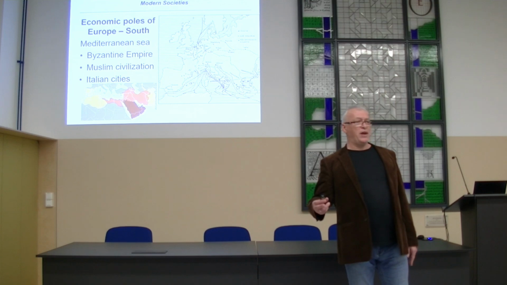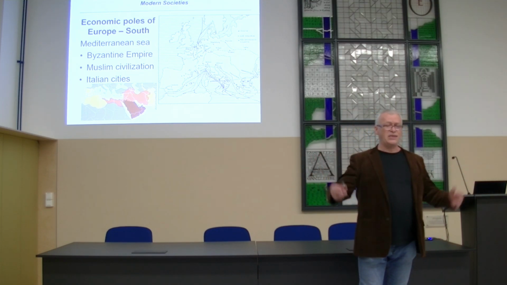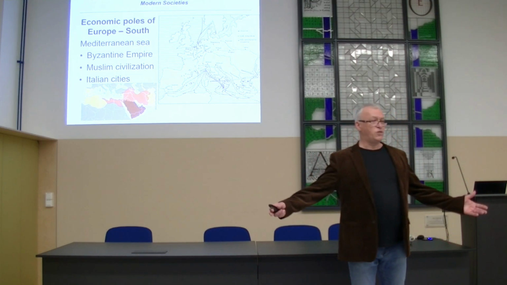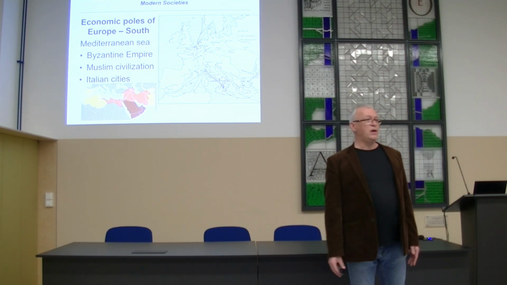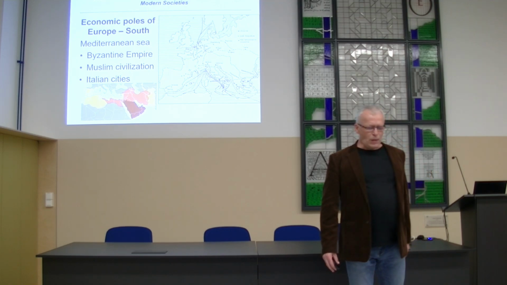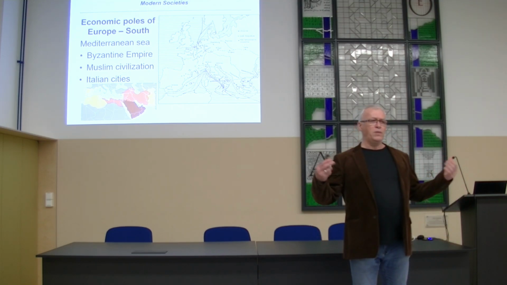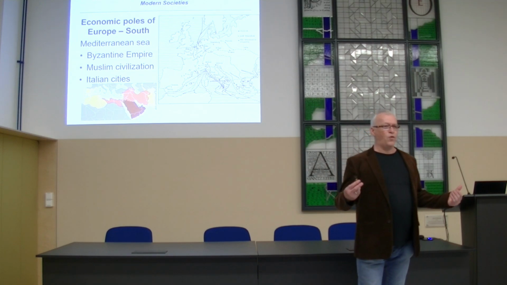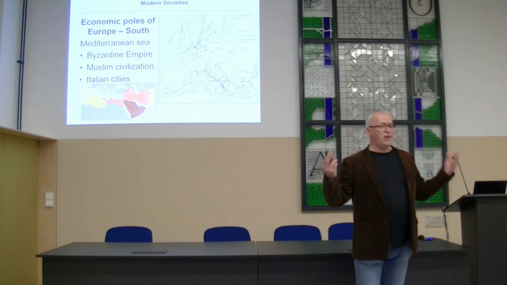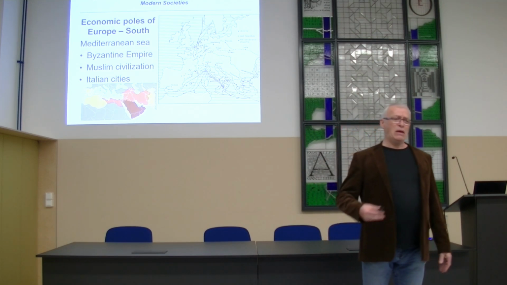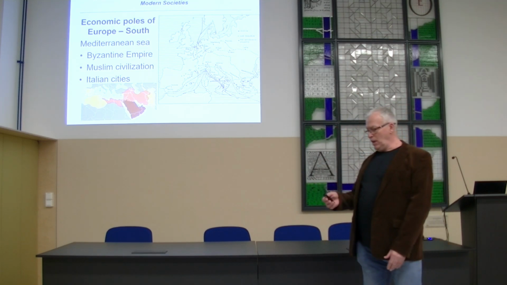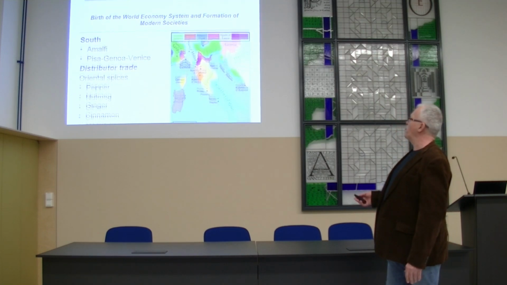Because Mediterranean citizens lived from trade. 90% of the budget in Venice, in Genoa, in Amalfi came from maritime trade. Therefore, the motivation was very, very strong and high. It shows that not the general political and military power is the crucial element, but the motivation and the basic orientation.